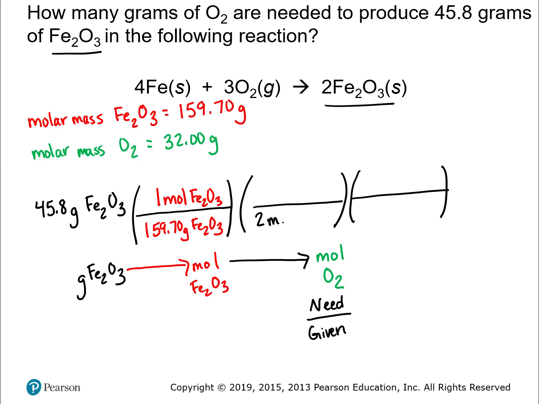That goes in the bottom. What we need to figure out is the oxygen gas. We go to the chemical equation and write how many moles of that we see. That's our mole-mole factor.